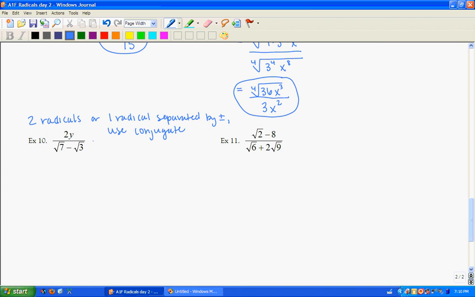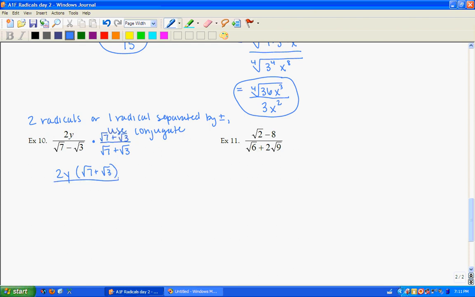So the conjugate of square root of 7 minus square root of 3 is square root of 7 plus square root of 3. And again, whatever you do on the bottom, you have to do on the top. So, to multiply the top, we're not going to really do a whole lot. We're just going to put it together up there since we have two very different quantities.